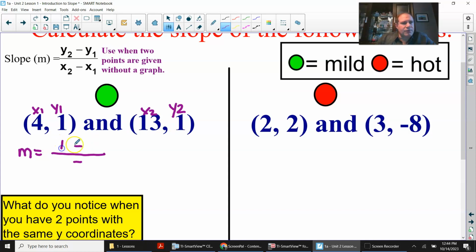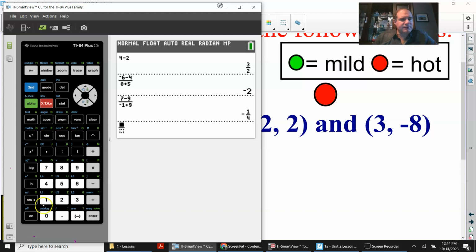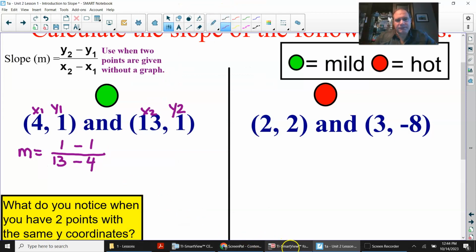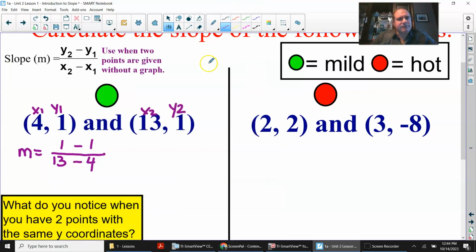So we're going to put 1, which is y1, y2 minus y1, and then x2 minus x1. So I'm going to just get this calculator up, press alpha x. This is 1 minus 1. And then 13 minus 4 in the denominator. And then we're going to press enter, and I'm going to get 0. So this is a horizontal line. So go ahead and try that second one on your own.